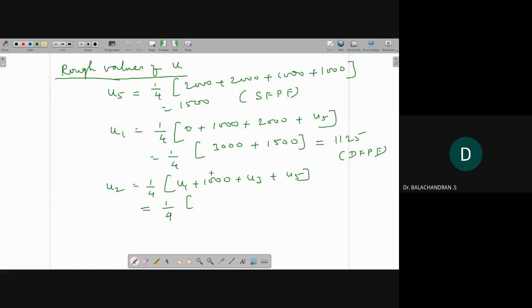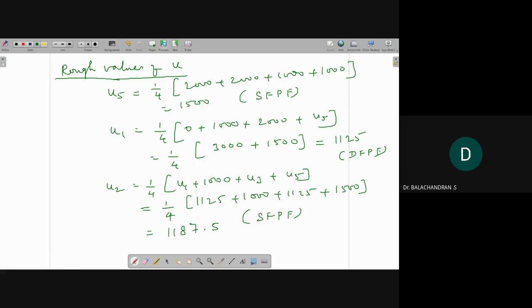So U1 is 1125 plus 1,000, U3 is also 1125, plus U5 is 1,500. If you simplify, you'll get U2 equal to 1187.5. Here I'm using the standard 5-point formula.